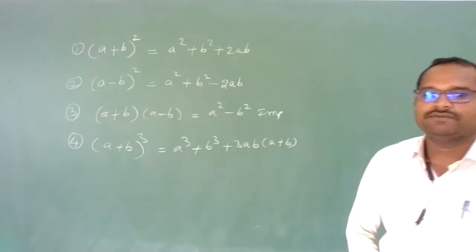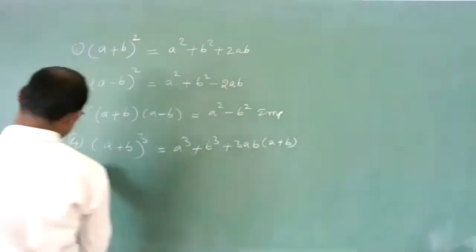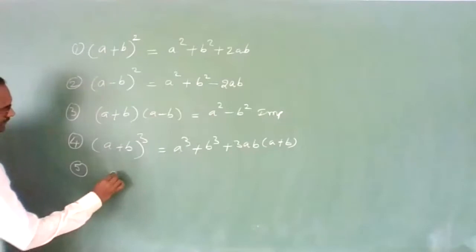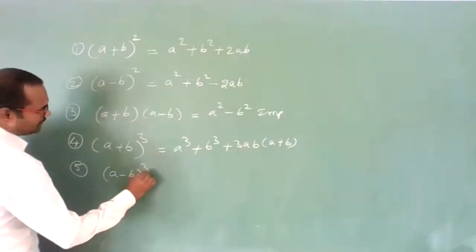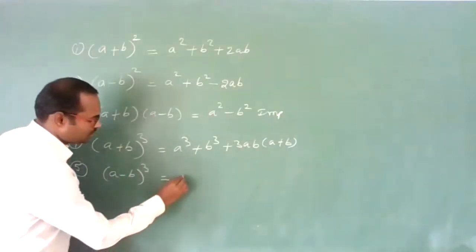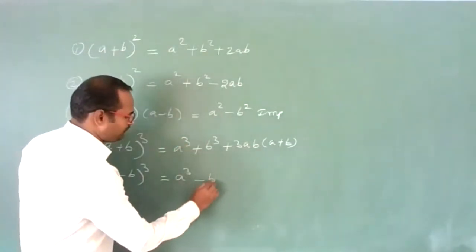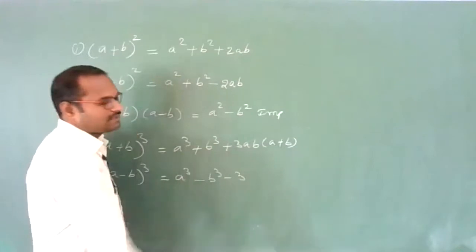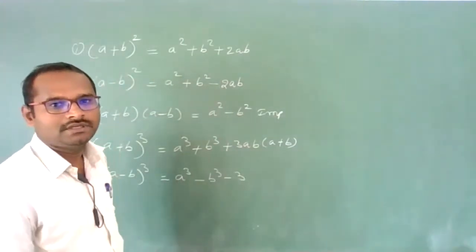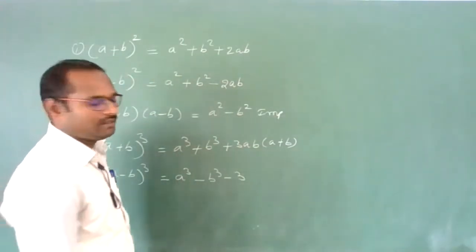Remember this one. And one more, the fifth one, a minus b whole cube is equal to a cube minus b cube minus 3ab into a minus b.